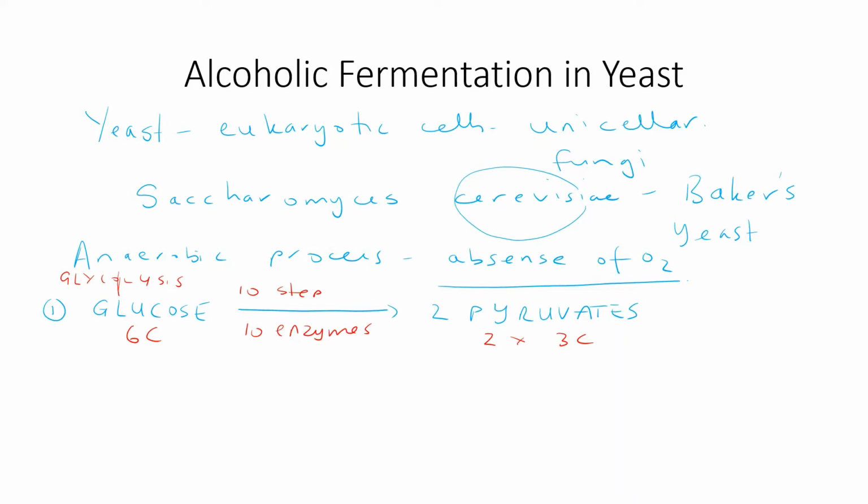The second step is the fermentation step. And what this is going to do is convert these 2 pyruvates into ethanol, so 2 ethanols, and carbon dioxide.